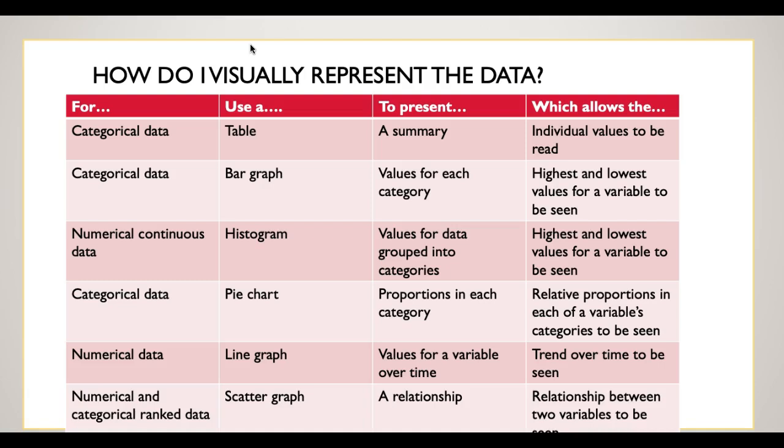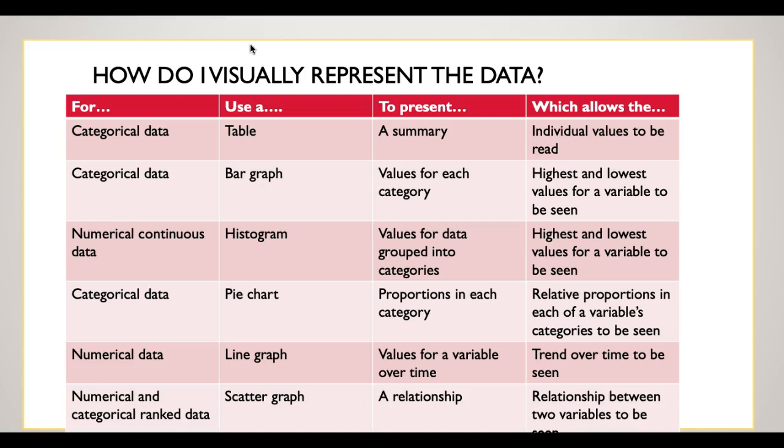And then it gives different examples of what a table looks like, what a bar graph looks like, histogram, etc. Now, I'm sure that those terms are familiar to you and you know what they look like, but you may not have thought about why those different visual graphs have been chosen as being the best visual representation of a particular piece of information. So this will help you to determine what makes the most sense for the type of data that you've gathered.